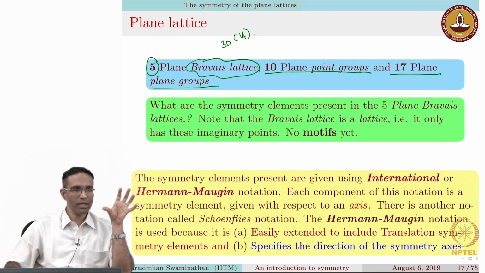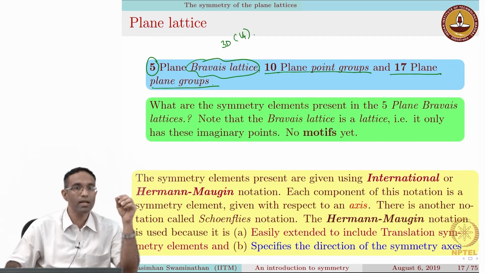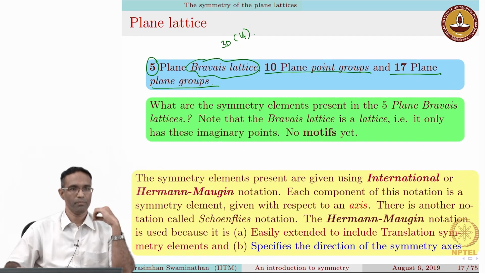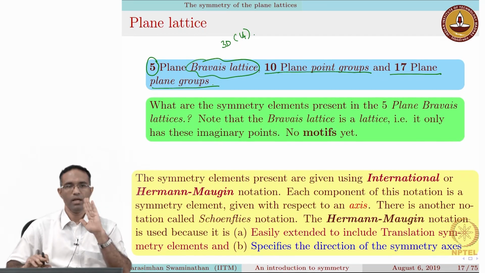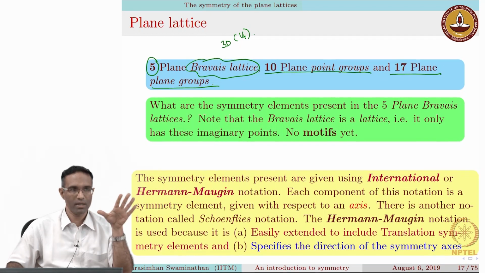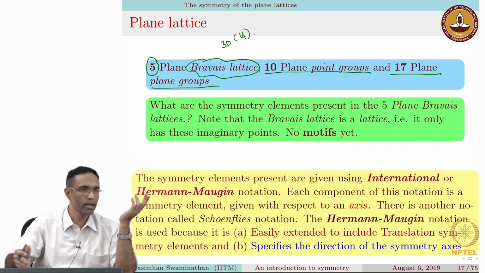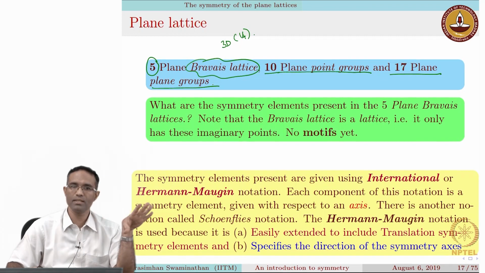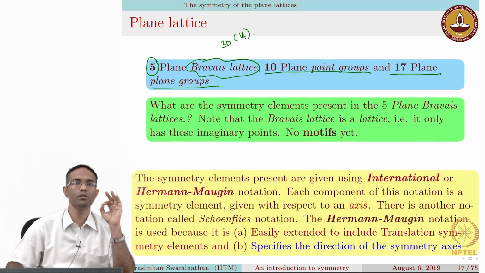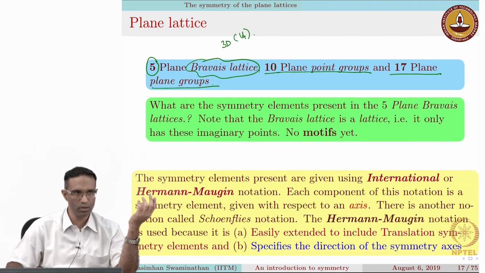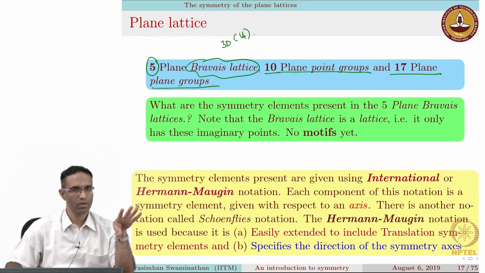From that, in that space group, there will be certain symmetry elements that are related to translation. If I pull out those translations, I will get a symbol which is basically the point group. This might not be very clear now, but having this definition in mind and looking at what we are going to look at in the next few slides will make it very clear what the difference between the point group and the space group is.